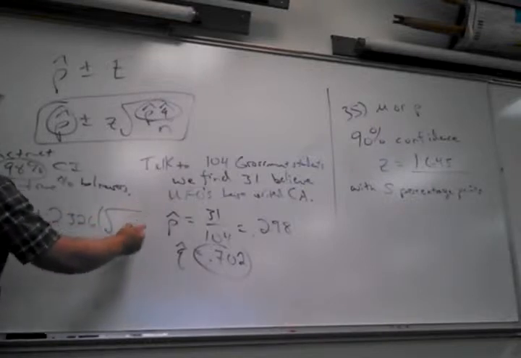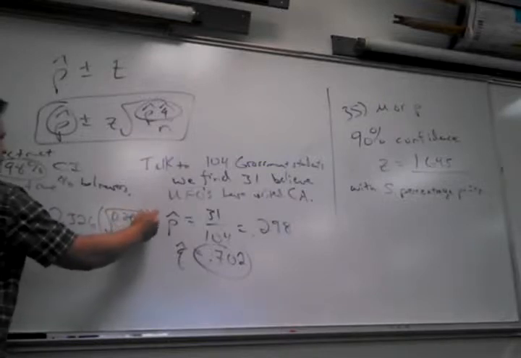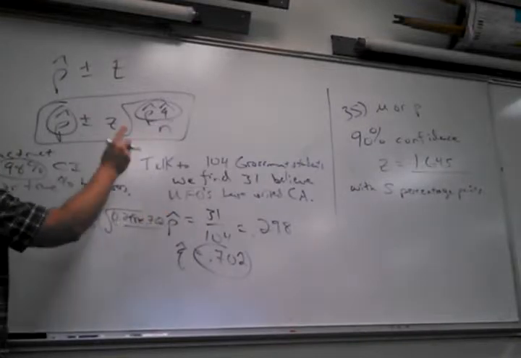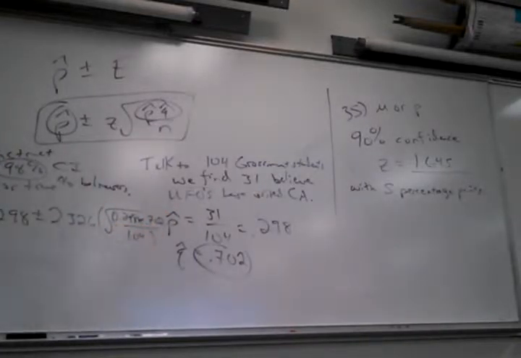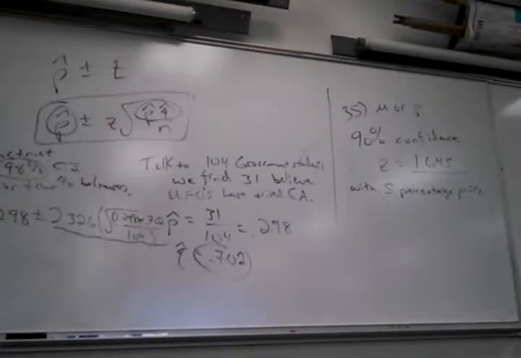Times the square root of p hat times q hat divided by n, which is 104. You calculate the error first, so you know how close you are, give or take how many percentage points.